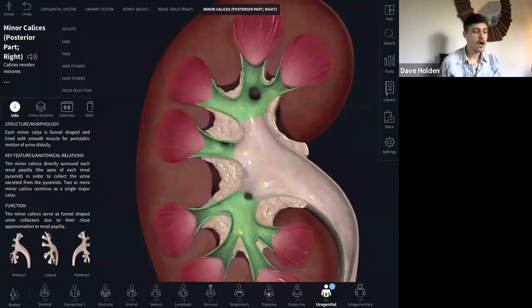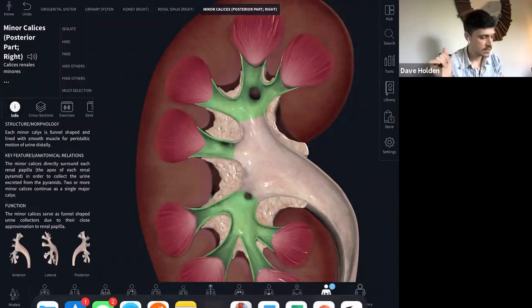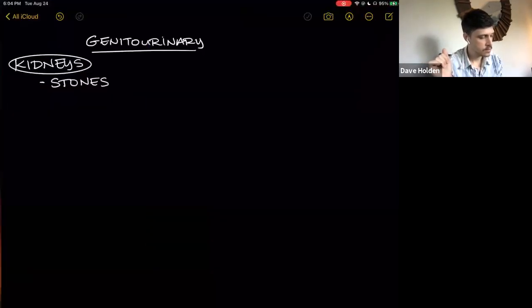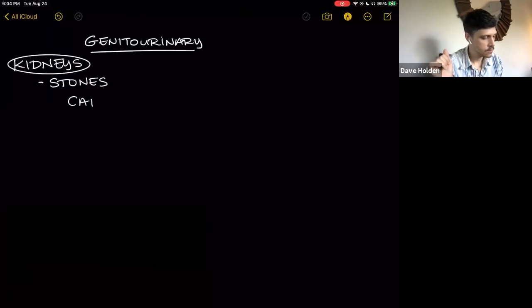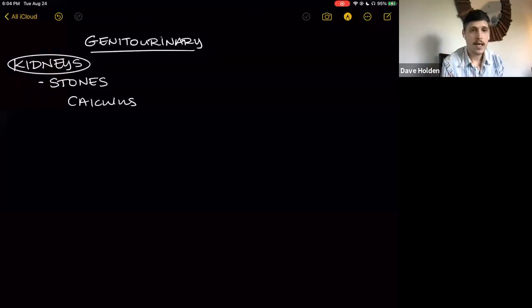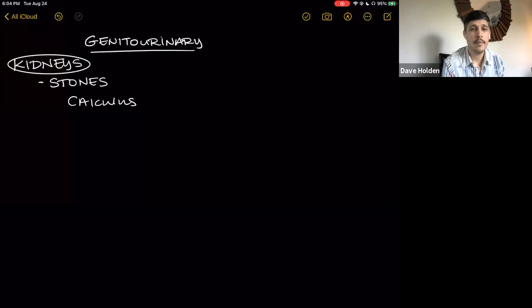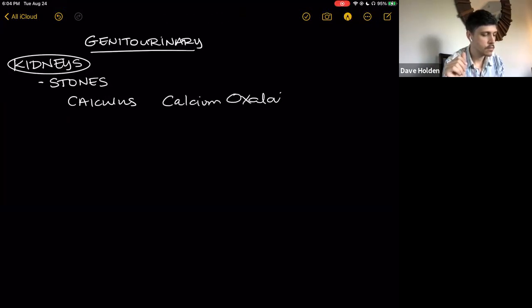Kidney stones are formed here in the calyces, and deposits of this material are called calculus. The calculus is formed mainly by calcium oxalate, or sometimes calcium phosphate. That's the main mineral that's found in your bones.